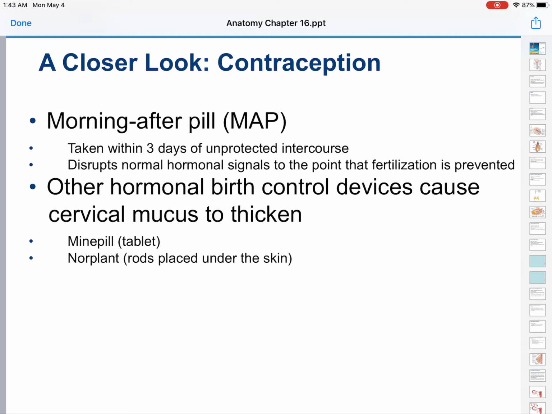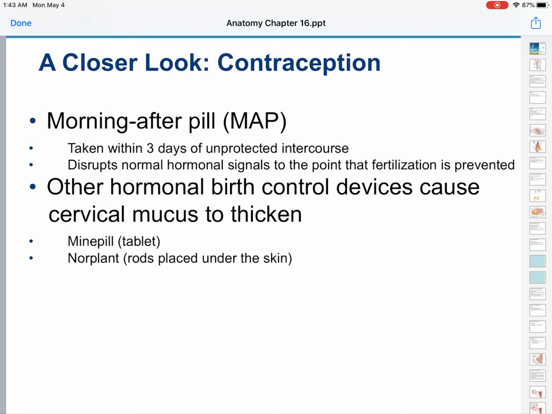It can be taken within 2 or 3 days of the unprotected sex, because it will prevent that fertilization from happening. However, if it has already happened, the morning after pill will not prevent anything else.